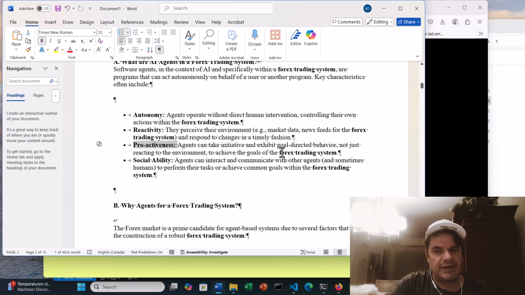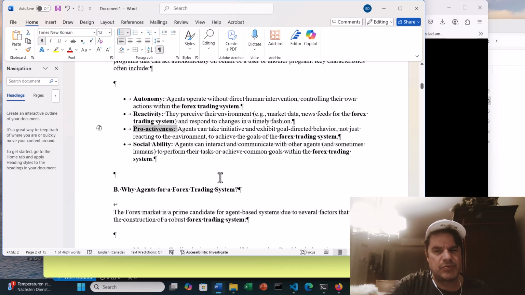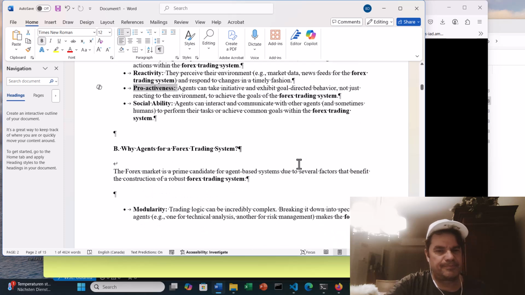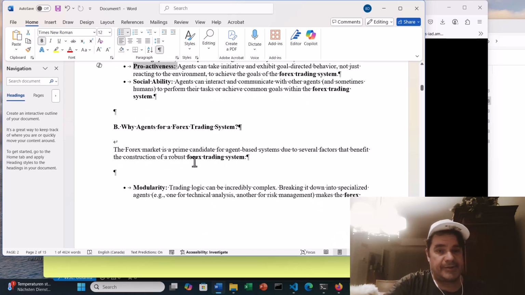They take initiative, exhibit goal-directed behavior, and not just react to the environment, but work to achieve the goals of the entire trading system. Can you imagine the intelligence brought to this? Then there's social ability, where agents interact and communicate with other agents, and sometimes humans, to perform tasks with common goals within a trading system. I mean, this is the future, right?